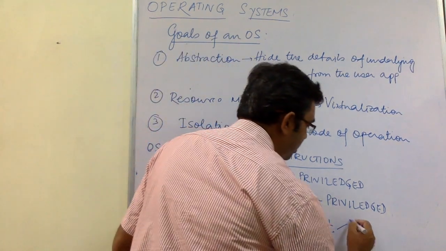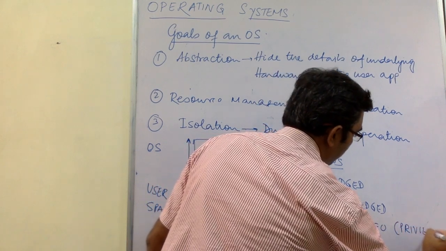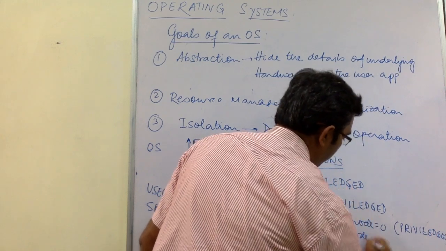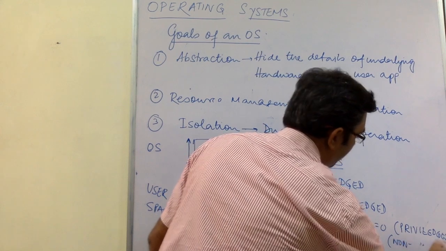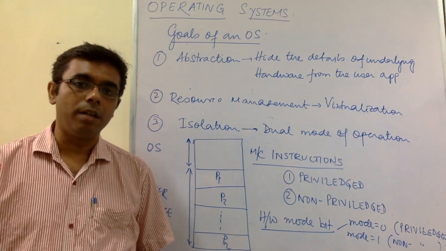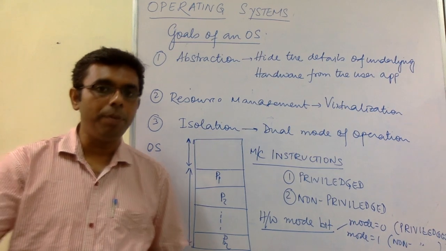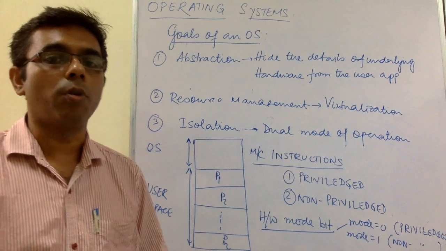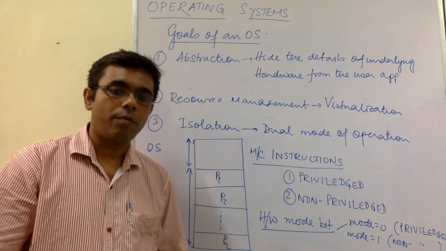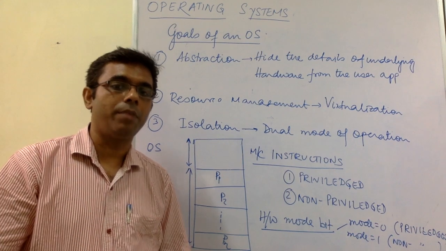If the mode bit is 0, it means privileged, and if it is 1, it means non-privileged. For all instructions which will be executed by the kernel, or rather the OS, the first thing that is done is the CPU switches itself into privileged mode. Only then can it execute the privileged instructions. For the rest of the time, when a user application is running, the CPU remains in the non-privileged mode.